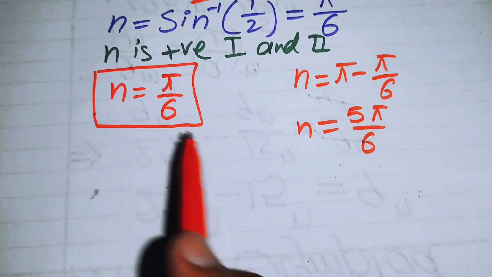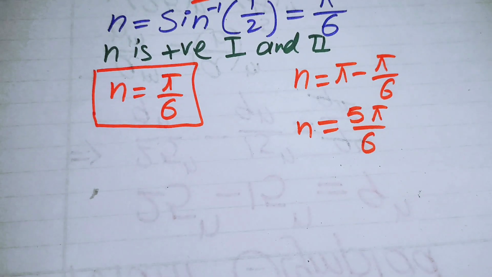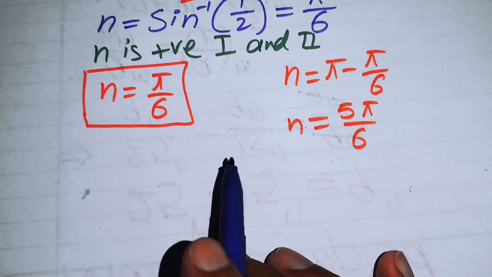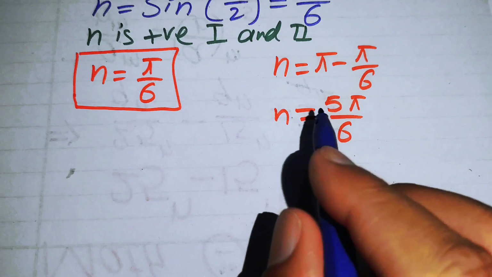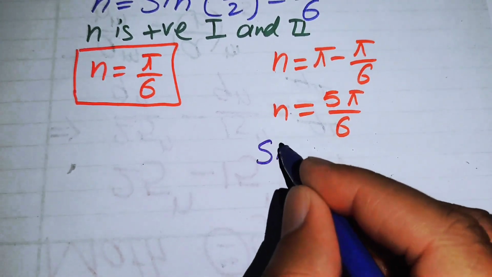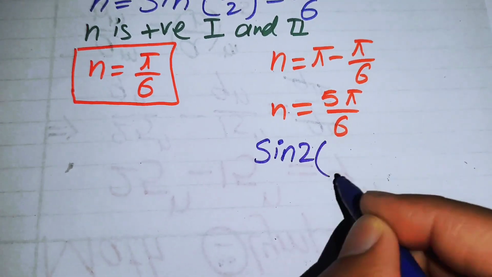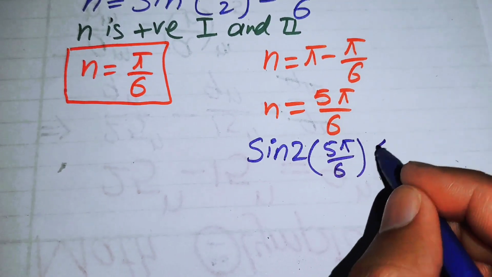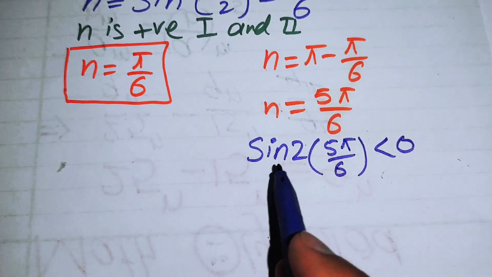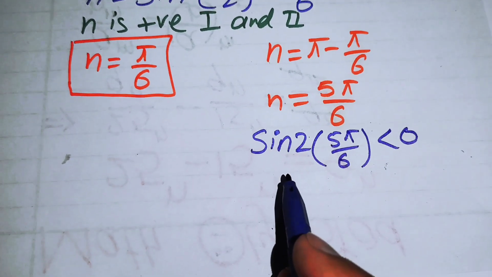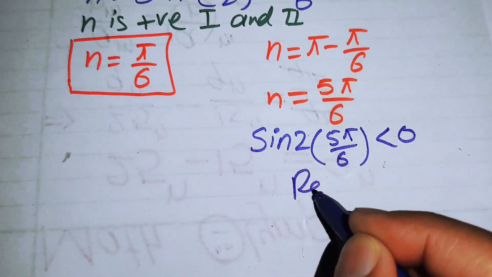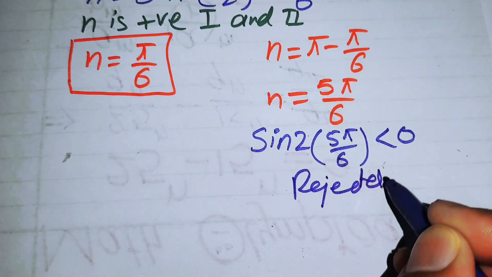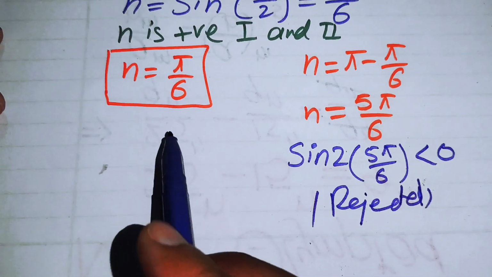Now we check which solution satisfies the given question. When you put this value in sine of 2n, sine of 2 times 5 pi by 6 is less than 0. Because sine 2n is a side of the given triangle, it is rejected, and we have only one solution, which is n equals pi by 6.